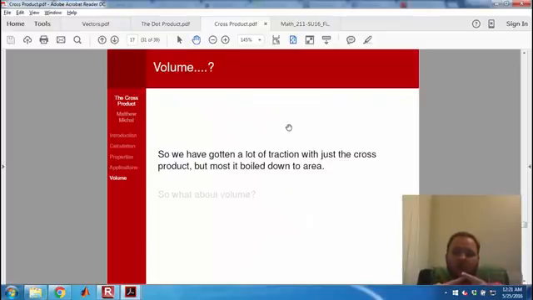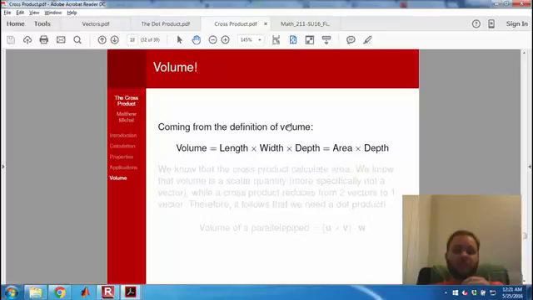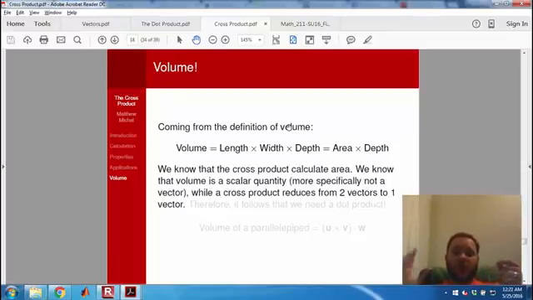So we found area. Can we get volume out of it? Volume is just length times width times depth, or area times depth. We already know how to calculate area. That's just the cross product. So can we get depth out of it? Well, volume itself is a scalar quantity of its own. So the cross product turns two vectors into one vector, and we have to reduce that vector into a scalar quantity.